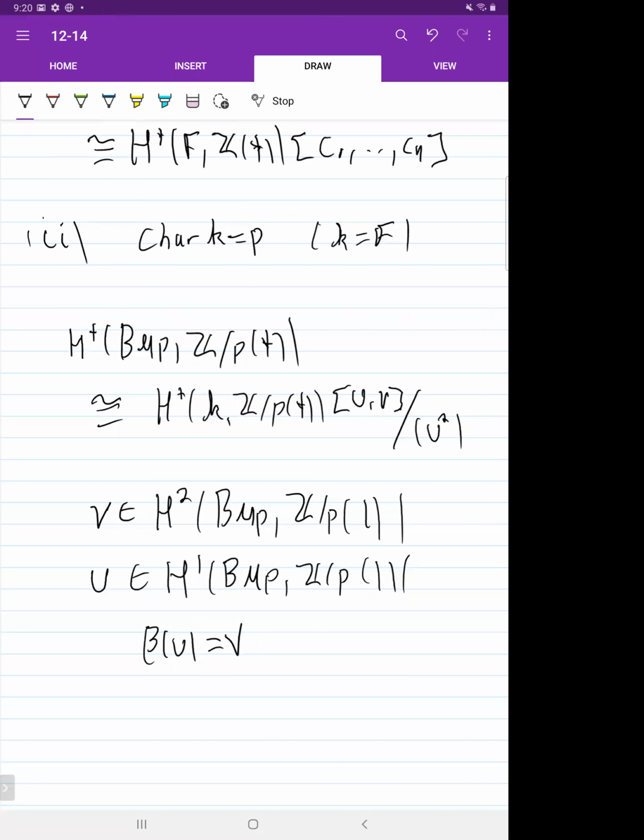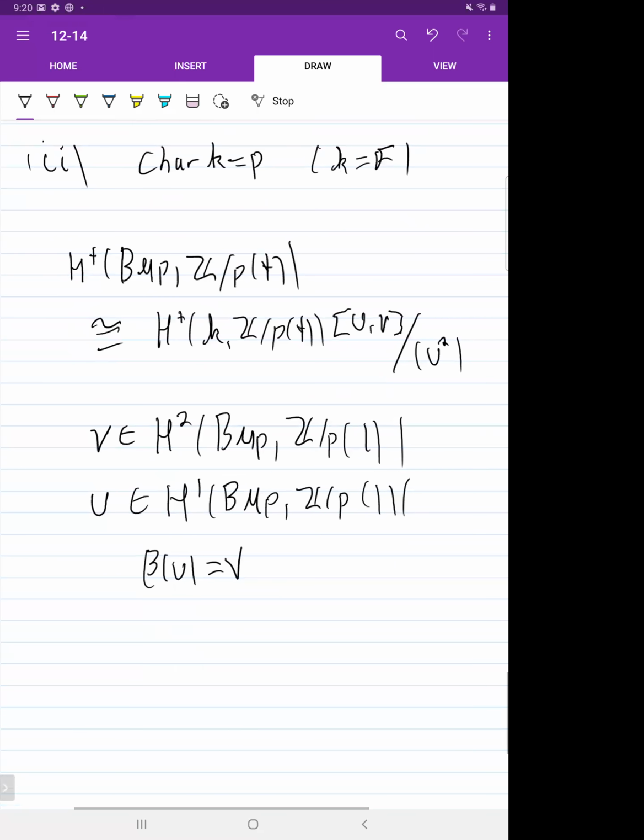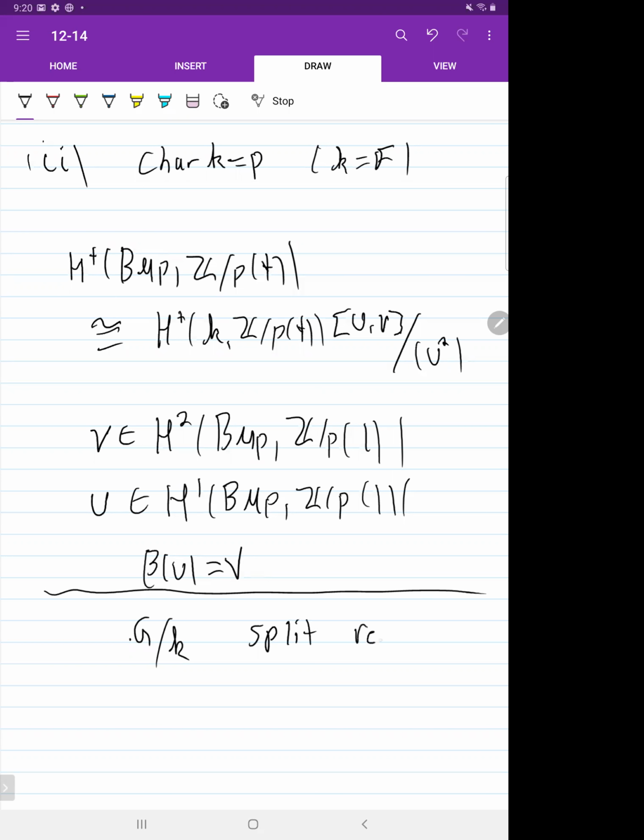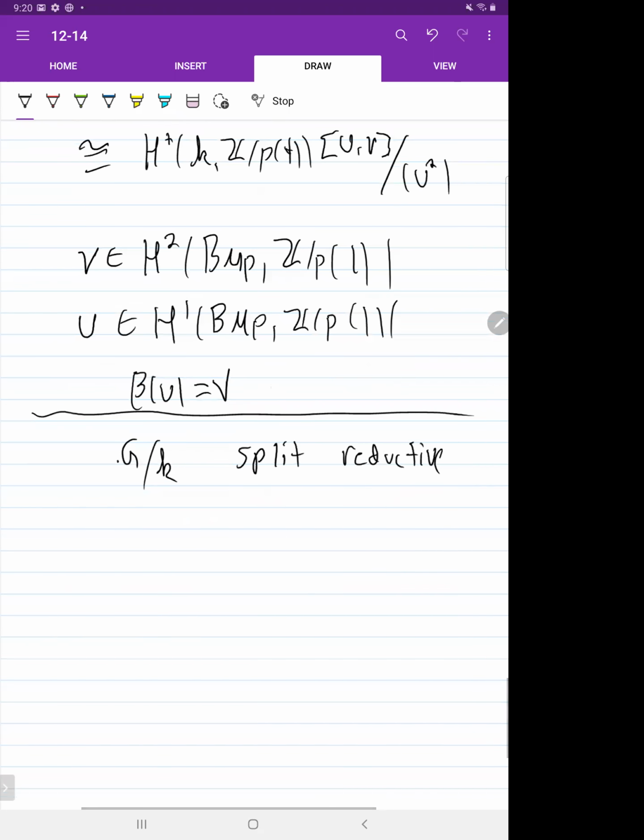So now I want to consider motivic cohomology for Frobenius kernels. So take G over a base k, split reductive. Probably have to assume k is perfect, but so what can we say about the motivic cohomology of BG_r?